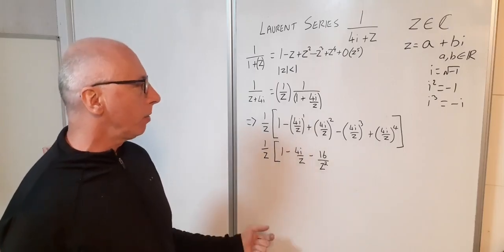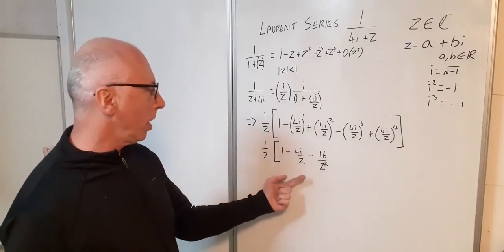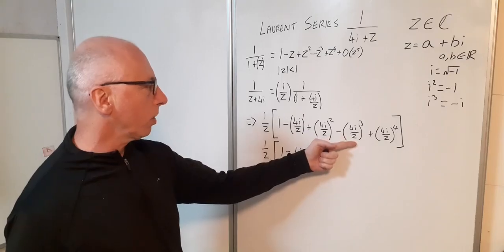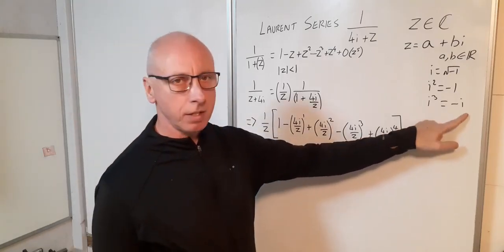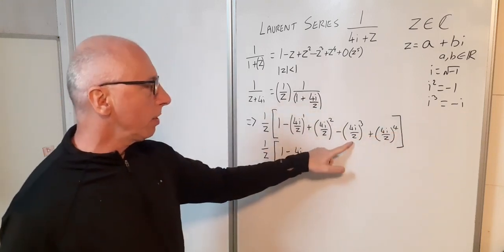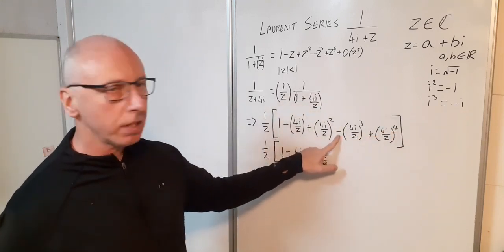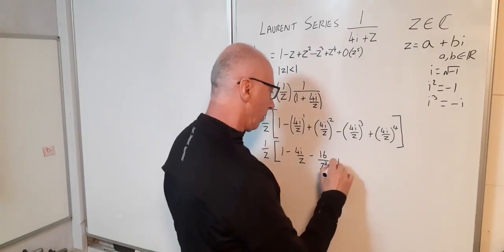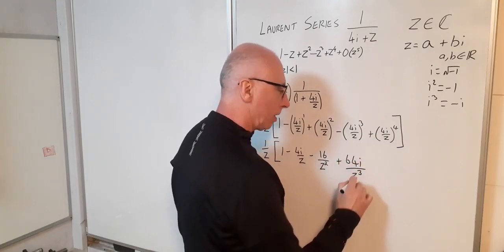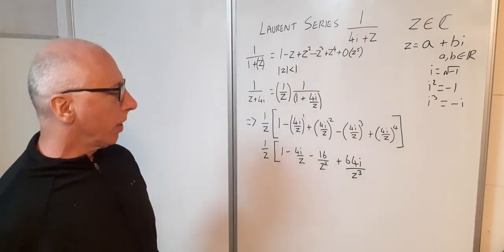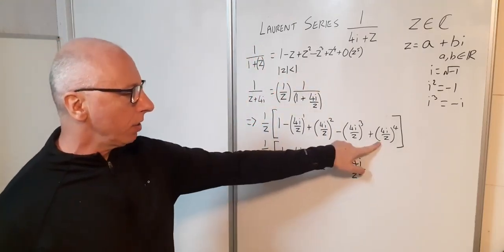Okay, now what do I need to do here now? 4i cubed, so that's going to be 4 cubed is 64. 64 times minus i. So that's going to be minus 64i, but with this minus, I'm now going to have a plus. So now I've got plus 64i over z cubed. Okay, now what about this one?